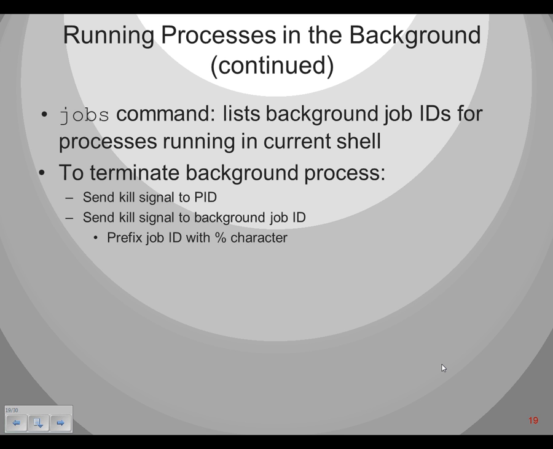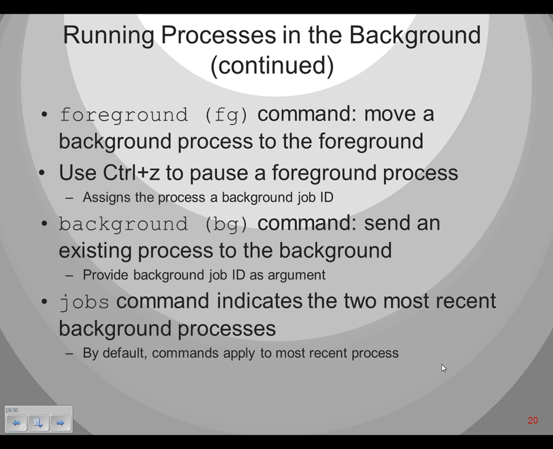The jobs command is used to view the background jobs ID, and to terminate background processes, you use the kill command. After a background process has been started, you can move it to the foreground by using the foreground command followed by the background jobs ID.